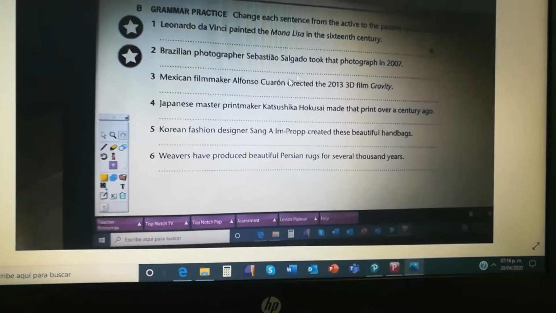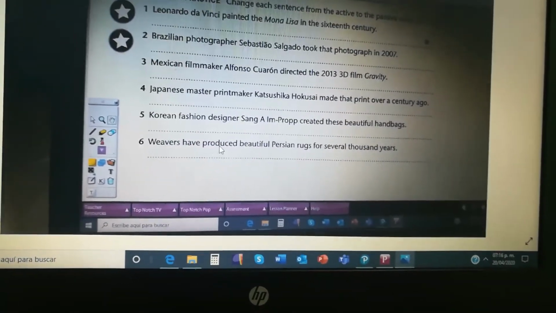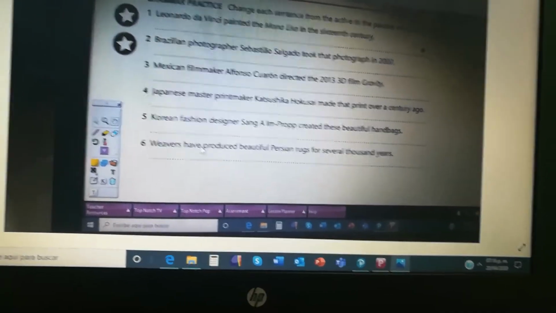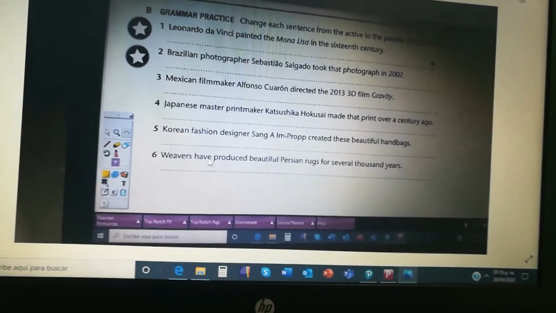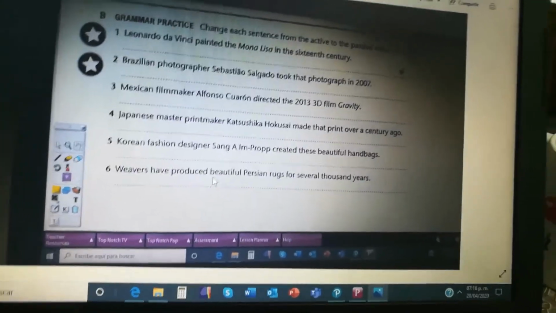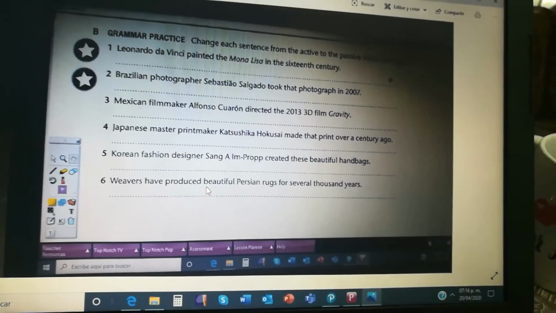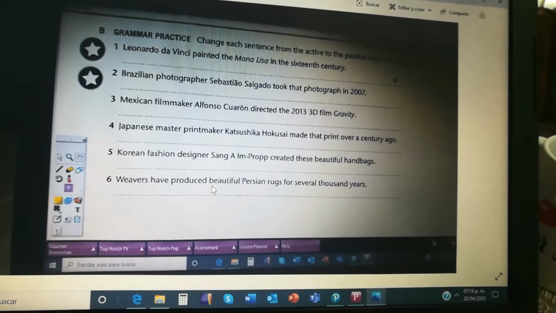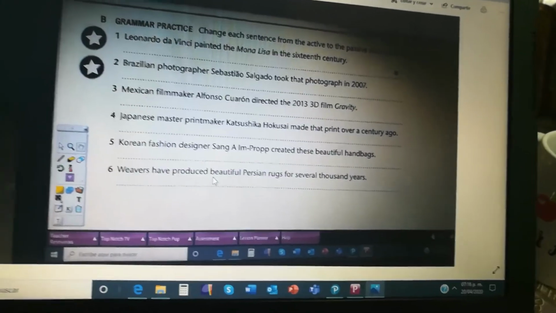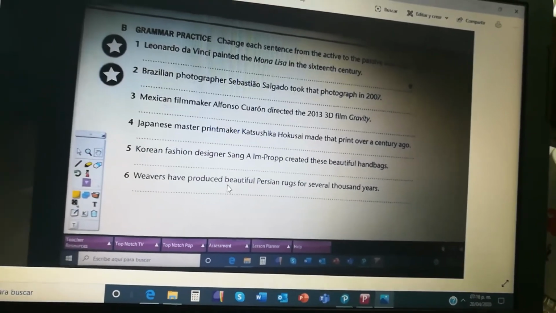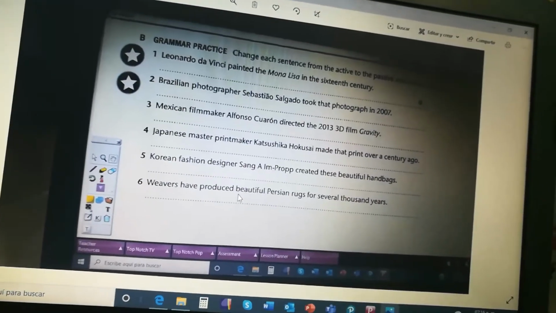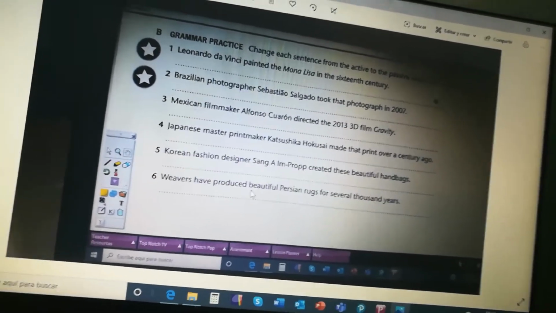But what happened in number 6? In number 6 it is not simple past, it's present perfect, have produced. When you have a sentence in present perfect, to change it to the passive voice, you need the present perfect continuous form. So, beautiful Persian rugs have been produced by weavers for several dozen years.